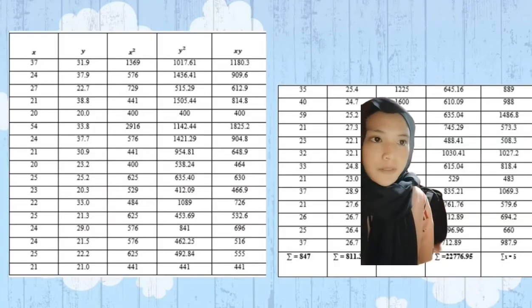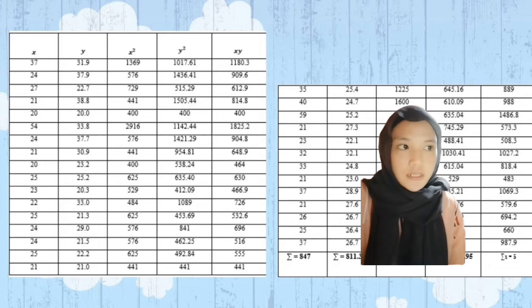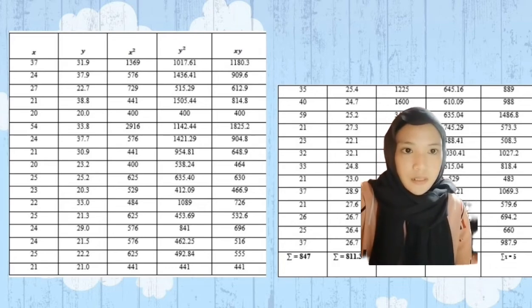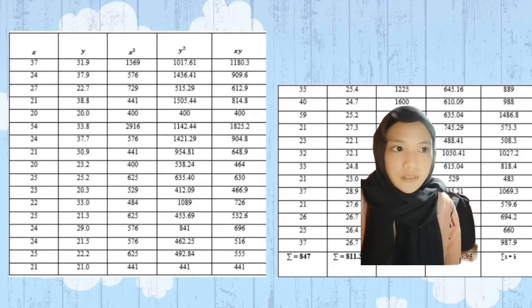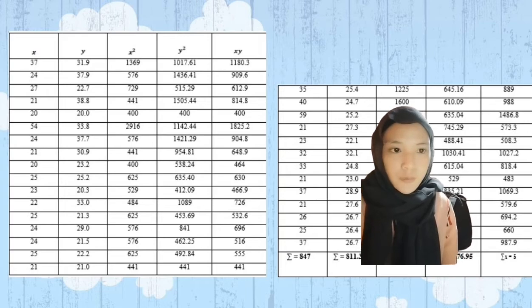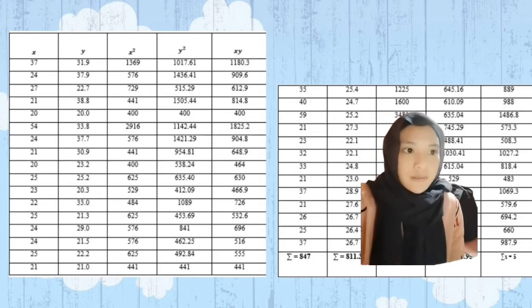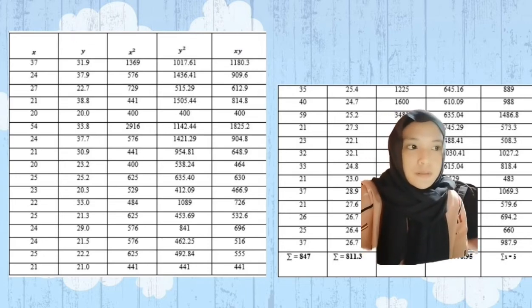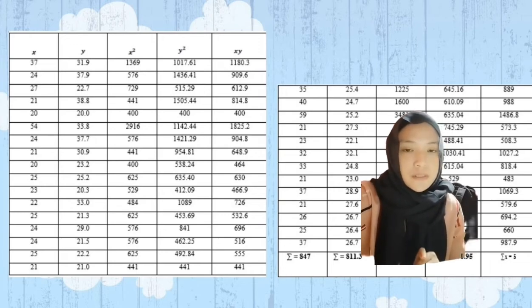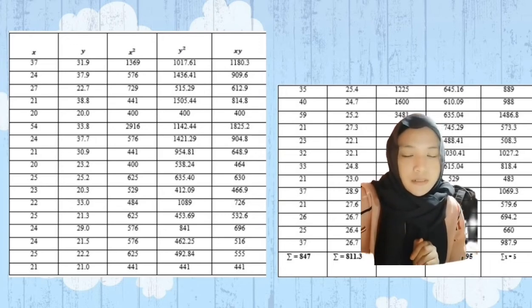Now I explain how to calculate manually the correlation coefficient between two variables. This table contains the columns x, y, product xy, x square, followed by y square. For example, in column x we have numbers 37, 24, 27, 21. In column y we have numbers 31.9, 37.9, 22.7.